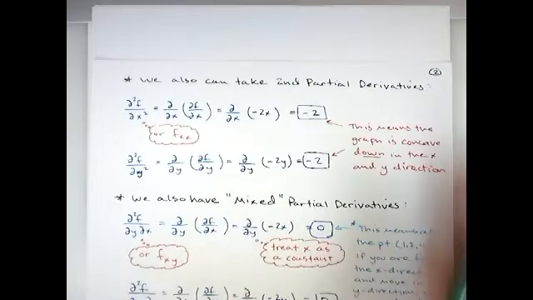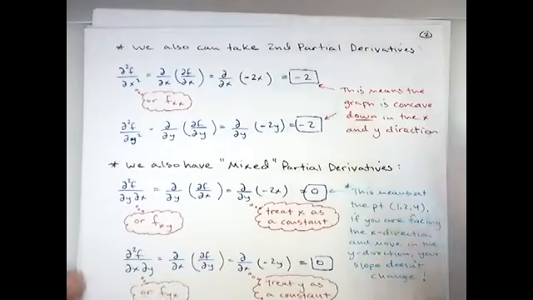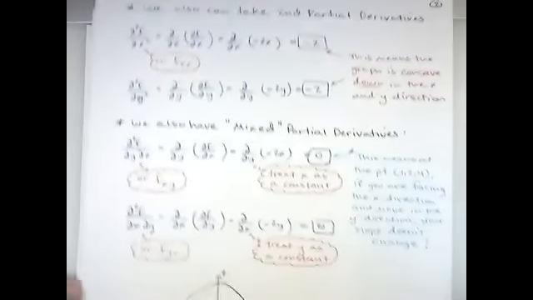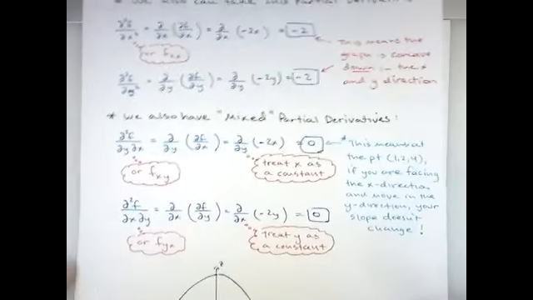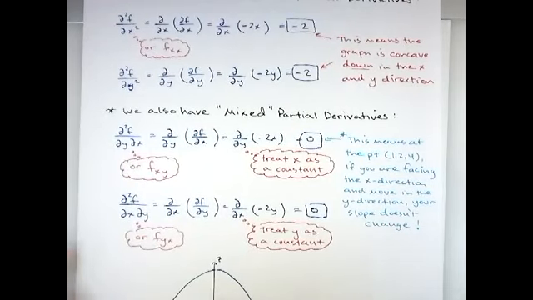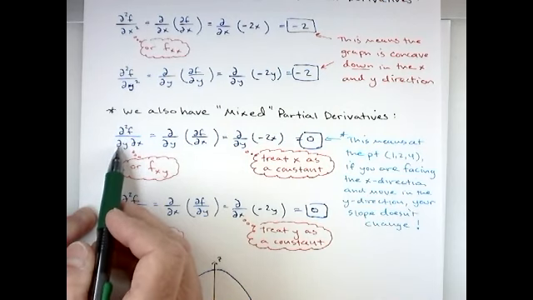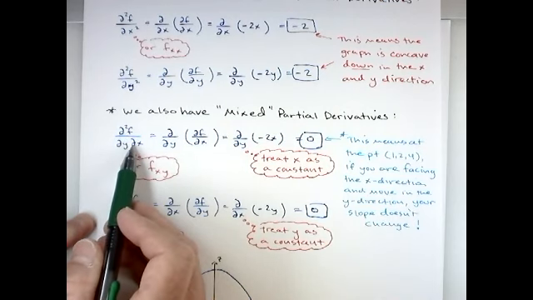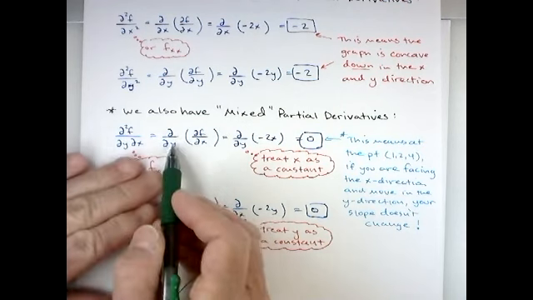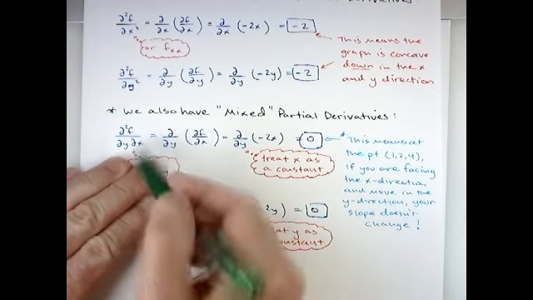We also have what we call the mixed partial derivatives. They're second derivatives as well. We can talk about the second partial derivative with respect to y with respect to x. Let me stick with this notation. So you would work from left to right.